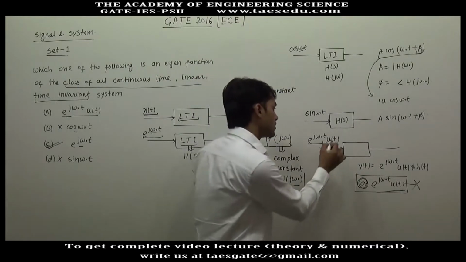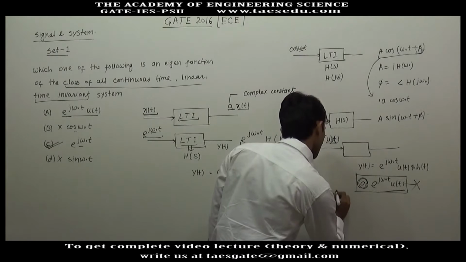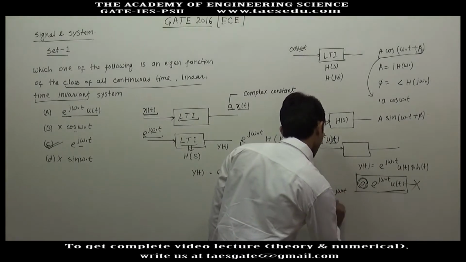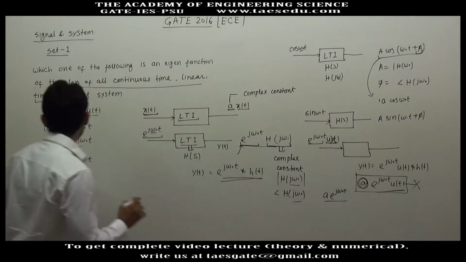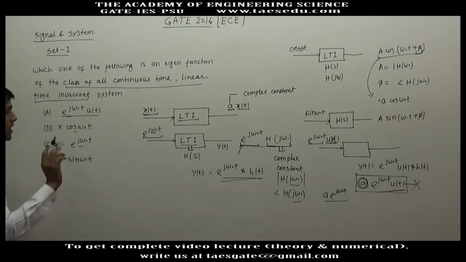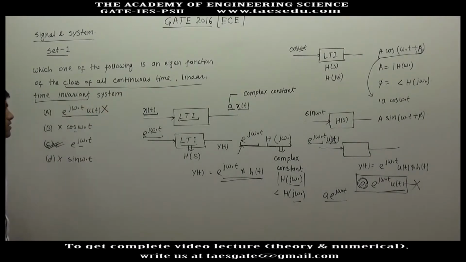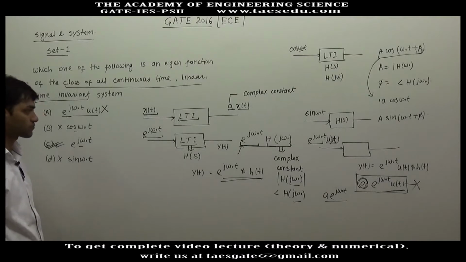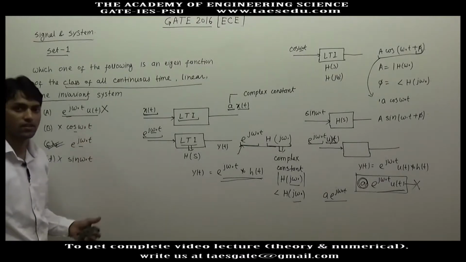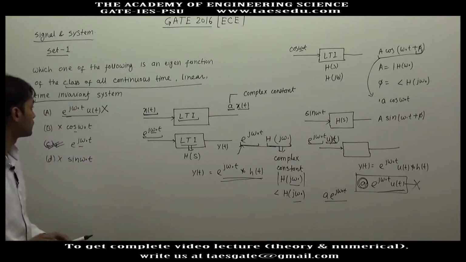But if you remove u(t), the output will be a complex constant times the input. So this will be the eigenfunction of a general LTI system, but if you multiply by u(t), it will not be an eigenfunction. For the proof, you can refer to the theory lecture on system response.